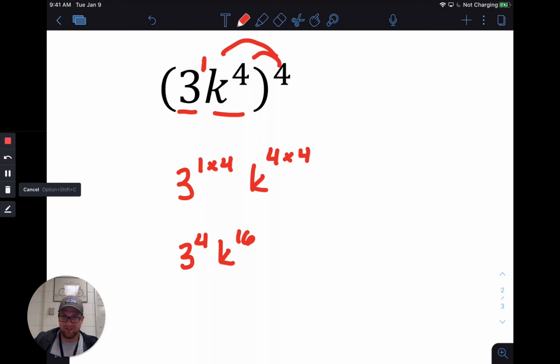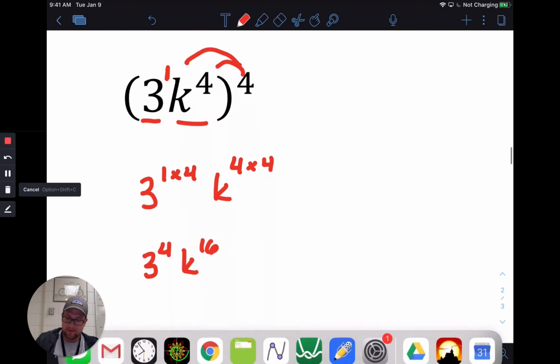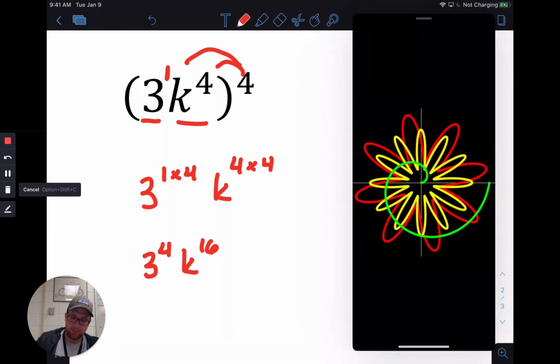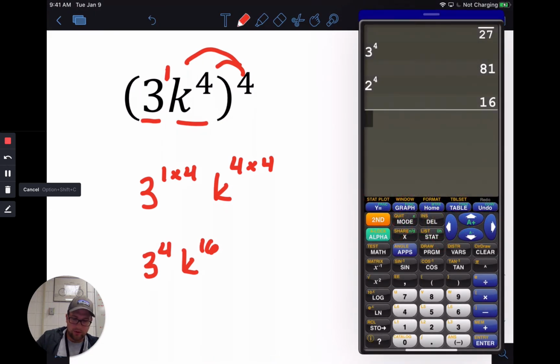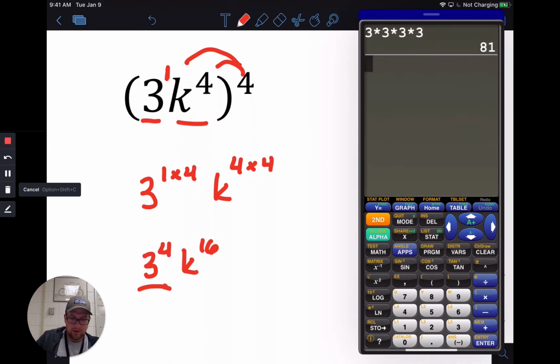Now, we should go a little bit further with this, right? If you have your calculator, you can pull that out. That might help us out. 3 to the fourth, right? That just means take 3 times 3 times 3 times 3. So we'll get 81. And then we don't know what k is, so we can't do the same trick there.